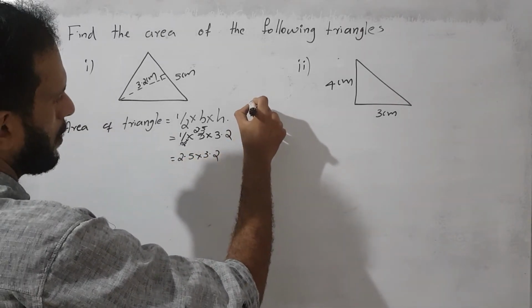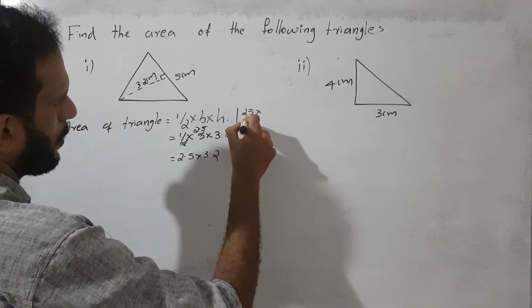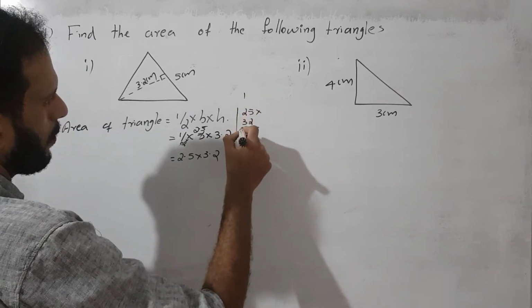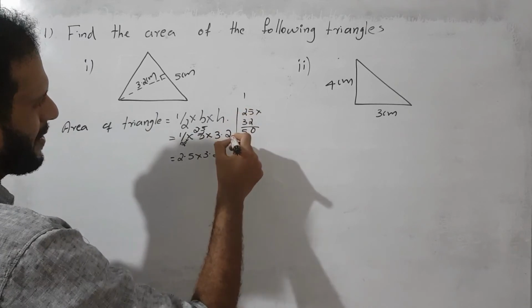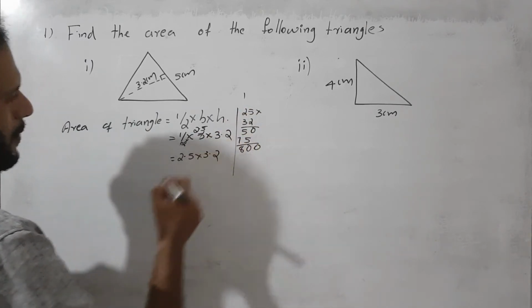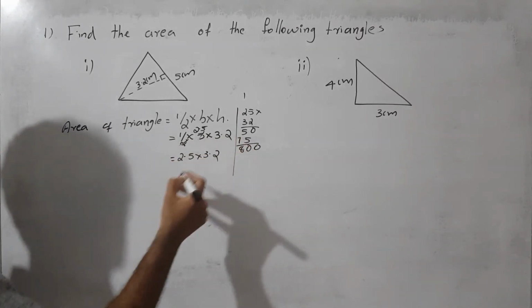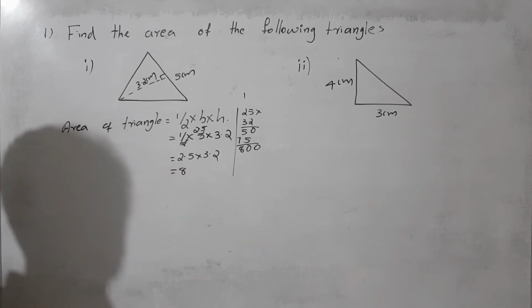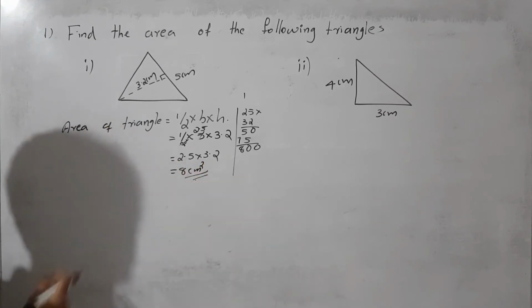Then we multiply 25 into 32. 25 into 32 gives 8, 0, 0. Then we need to put the decimal point after 2 digits, so 8.00. After the decimal point there is no value, so the answer is 8 square centimeter.